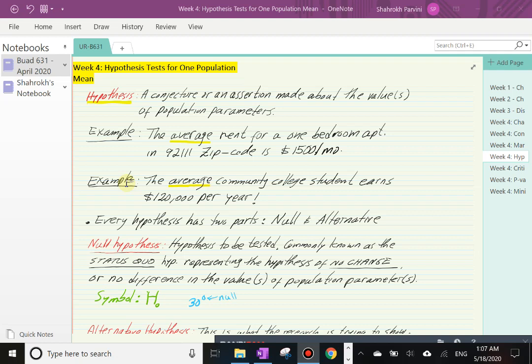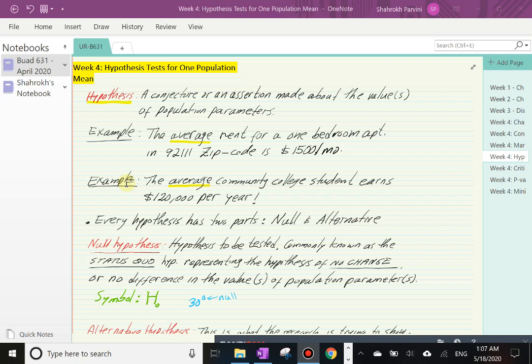Now, when it comes to hypothesis tests, every hypothesis actually has two statements in it. So it's made up of two parts: the null hypothesis and the alternative hypothesis. First, the null hypothesis. The null hypothesis is the hypothesis that we want to test, and usually it's referred to as the status quo hypothesis.